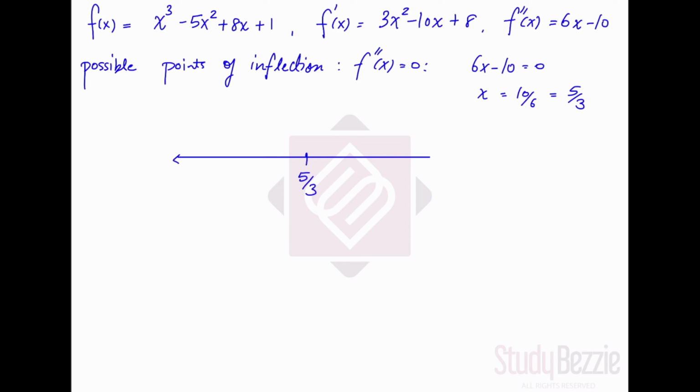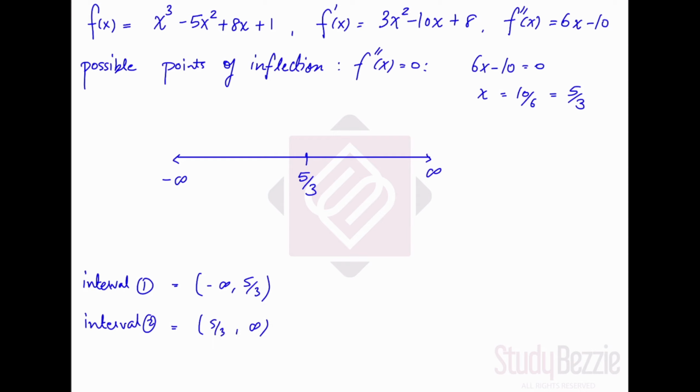So we have the intervals. Interval 1 is from negative infinity to 5 over 3. And interval 2 is 5 over 3 to infinity.